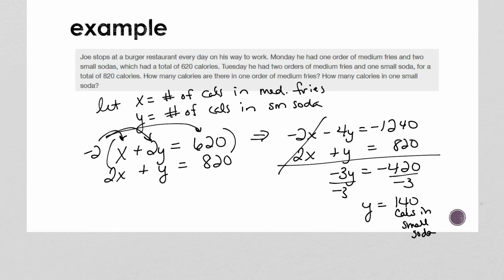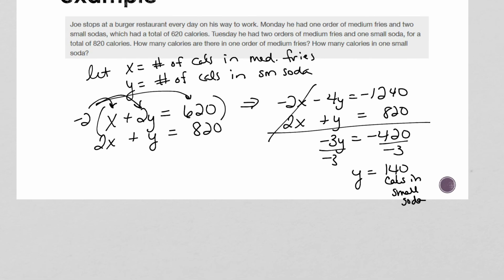I'm good with it. Okay, now I'm going to take this 140 and substitute 140 in for y into either one of these original equations. It really doesn't matter which one. I'm going to use the top one.